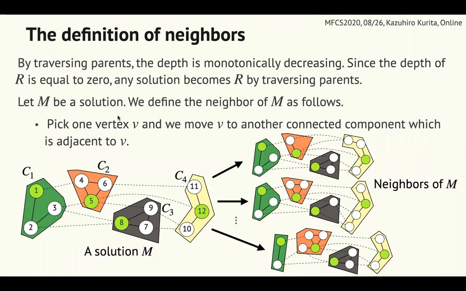Moreover, from the definition of the parent operation, each parent has the original solution as a neighbor. Thus, this definition of neighbors makes the supergraph a spanning tree, and we can enumerate with polynomial space and polynomial delay.